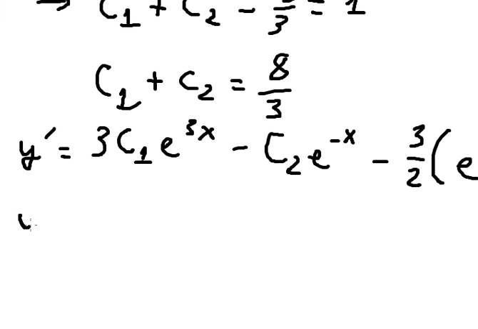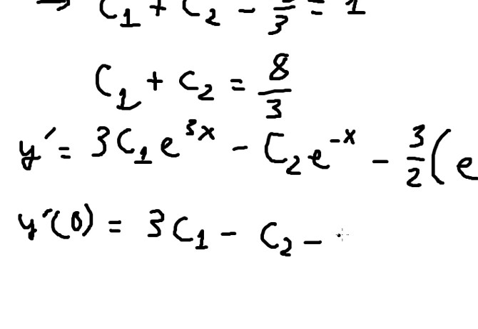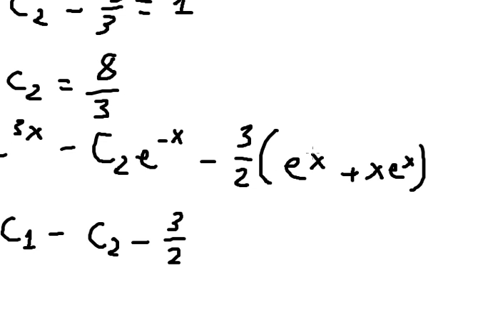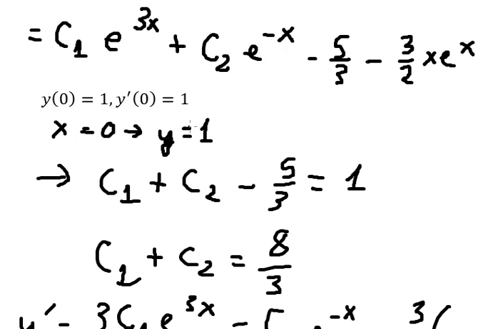Now we put 0 in here, and we have 3c1 minus c2 minus 3/2. Because if we put 0 in here, we have 1. We put 0 in here, we have 0. That's why we have negative 3/2. And this one equals 1.